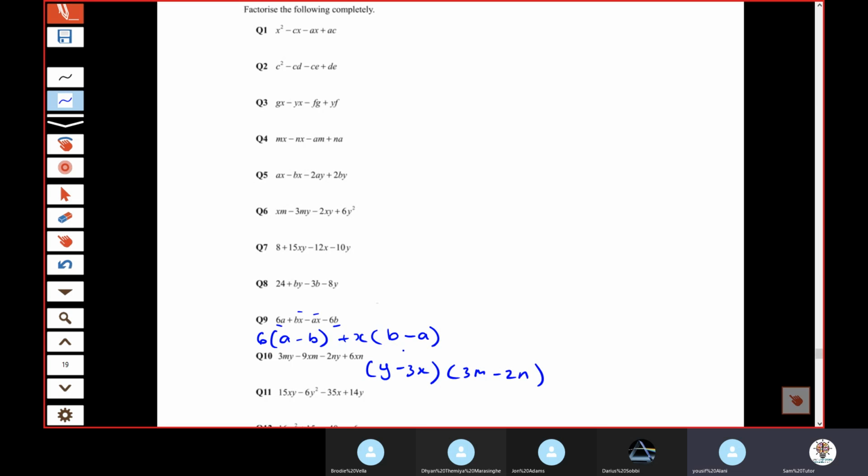And if they're not the same, usually it's wrong. But in this case, I don't know if you remember this from last week, but you probably don't. If they're the exact same numbers but different order, which it is, a minus b and b minus a, can you see if I times this side here by -1? In other words, let's say factorize out a -1.